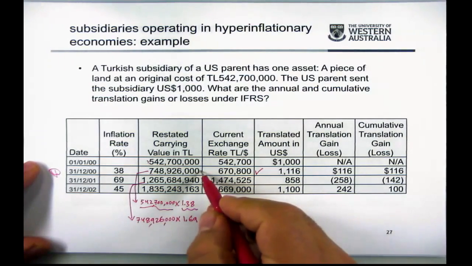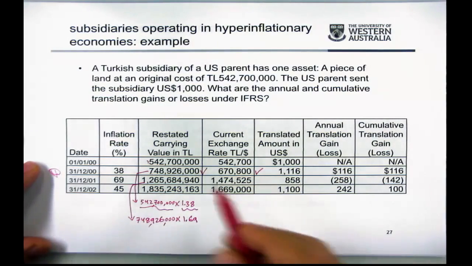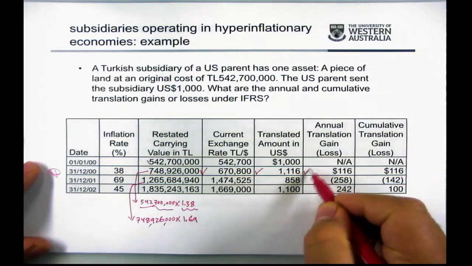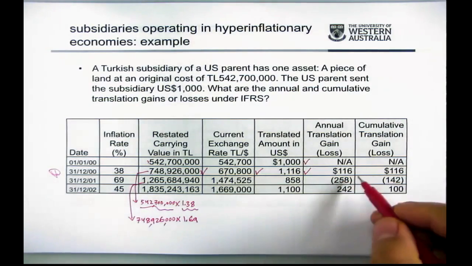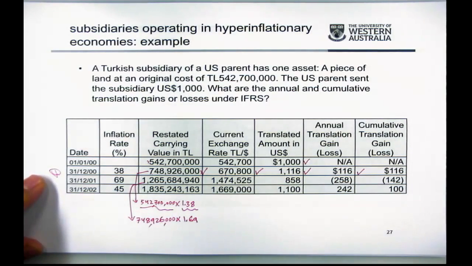We divide the inflation adjusted value by this one, and this gives us the value in US dollar. Relative to the initial value, there was a gain of 116, and this is also equal to the cumulative gain or loss, because this is the first year. Okay? The annual gain or loss is equal to the cumulative gain or loss.